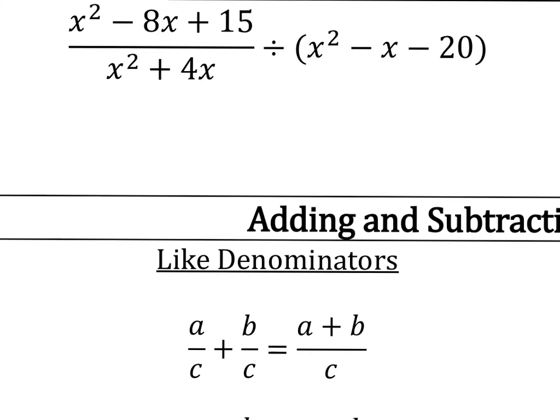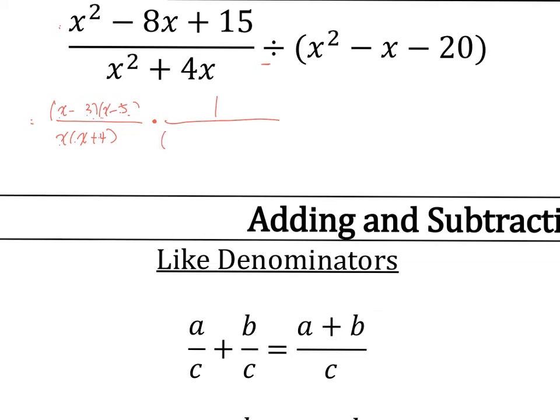Let's look at ones where you have to divide. So let's first factor. Okay, there's a lot going on. And then I'm going to have to take the reciprocal.